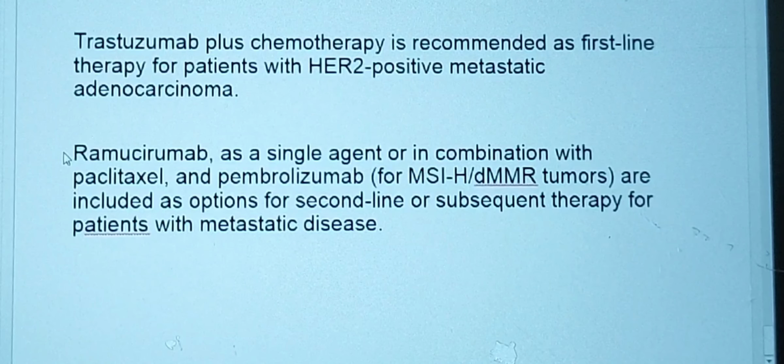But I understand we don't routinely test for HER2 for esophageal CA here, because testing for HER2 costs around 550 to 700 ringgit, and we don't even do it here. We send these HPs to Ipoh for them to do. Other than that, ramucirumab and pembrolizumab are recommended as inclusions for second-line therapy.